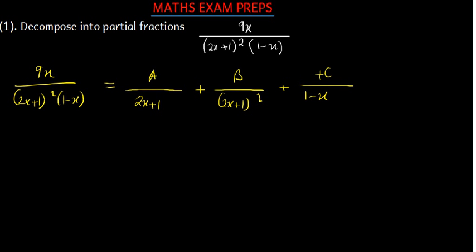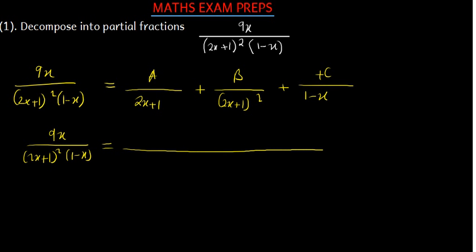I'm going to merge these. That will be 9x divided by (2x plus 1) squared (1 minus x) is equal to, I'll set a common factor where all of these can go into without a remainder. So that is going to be (2x plus 1) squared and then (1 minus x).